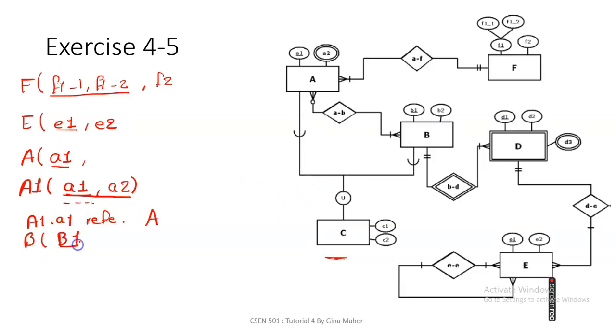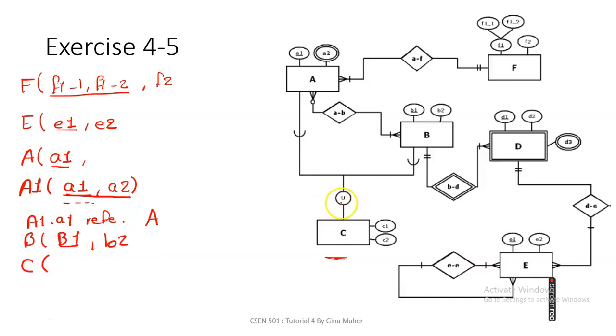B1 as a primary key and B2. Okay? Next, C. In C, we do not have a primary key because the primary key could be either the primary key of A or B, since C is a subclass of two different superclasses A and B, where we have a union.